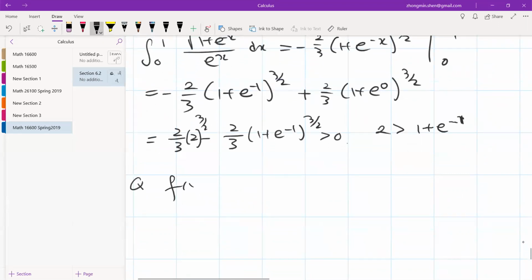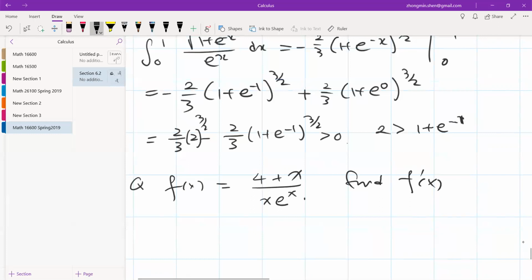So here's f of x equals 4 plus x, then x e to the x. Find the derivative of the function.